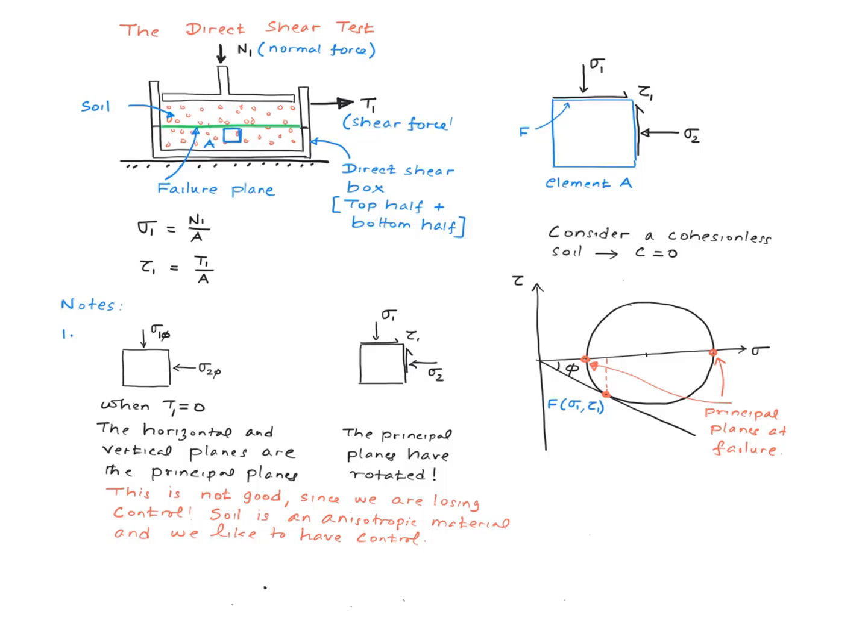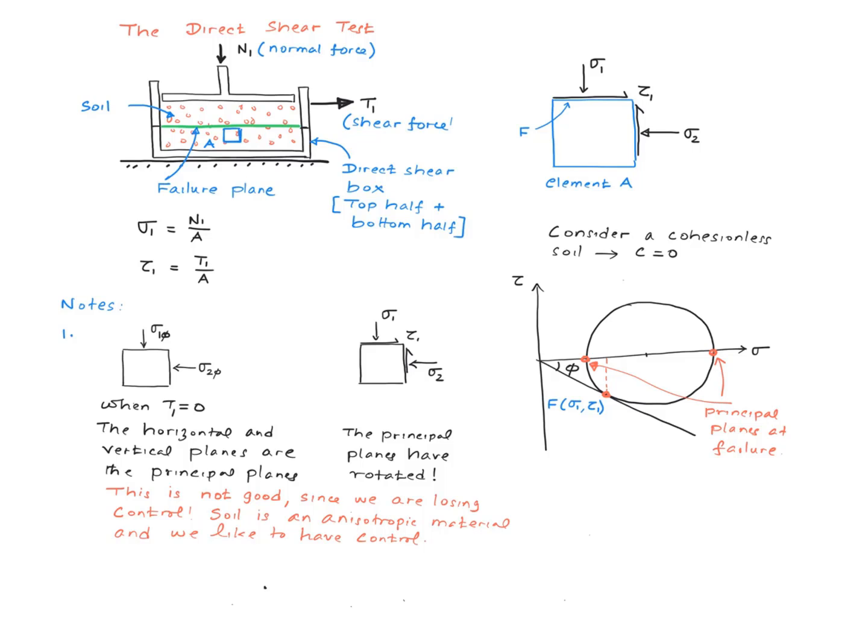If we have a control, then we can find the shear strength in the horizontal and the vertical directions of this anisotropic soil. But if the principal loading is rotating during the test, then of course it's rotating with respect to the initial direction of the principal anisotropy. So you don't know whether you're actually getting the vertical shear strength or the horizontal shear strength.